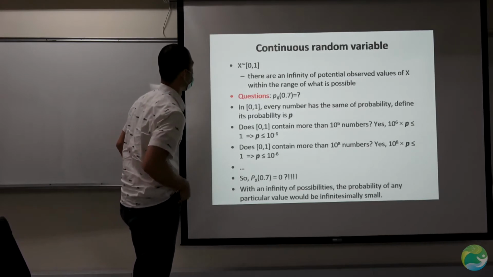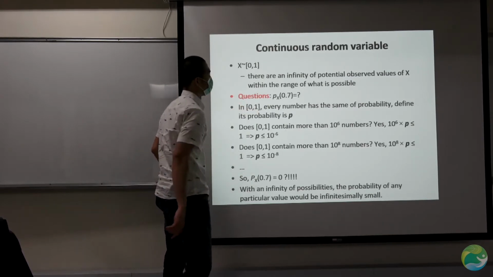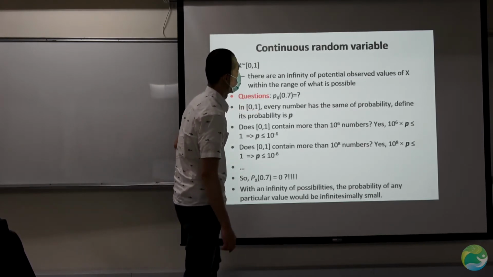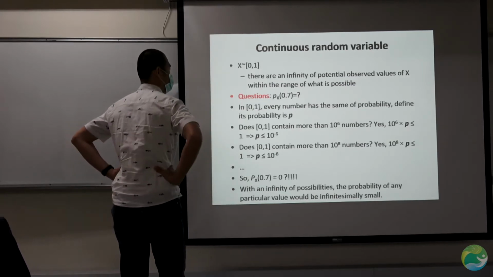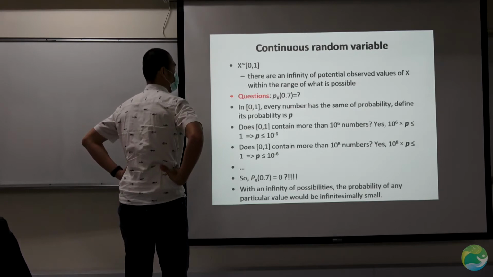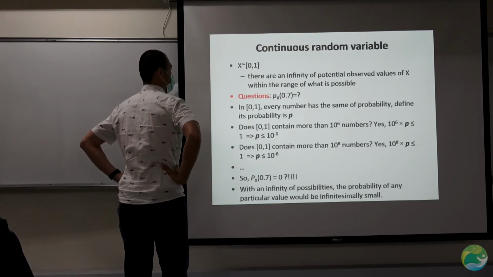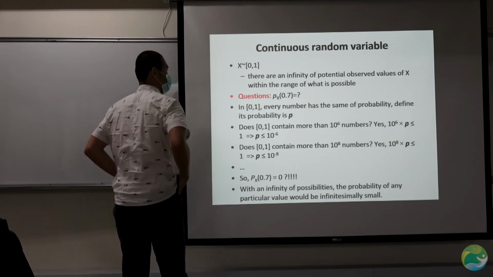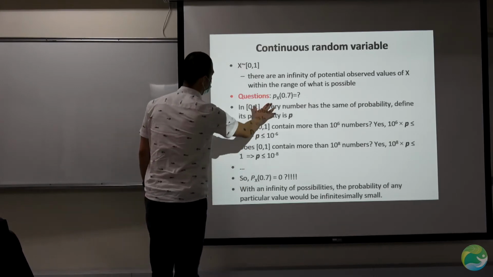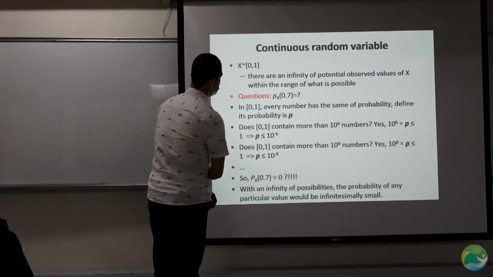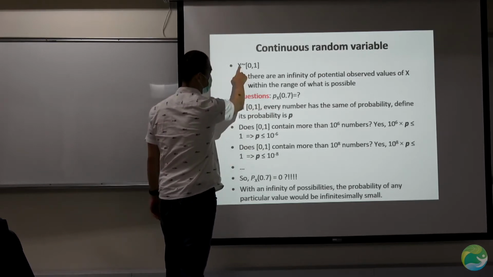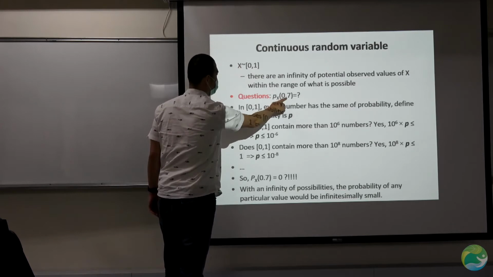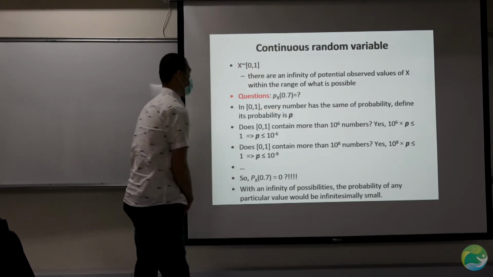It means there are an infinity of potential observed values of x within the range of what is possible. So here is a question. The probability of x equal to 0.7, what is the probability?